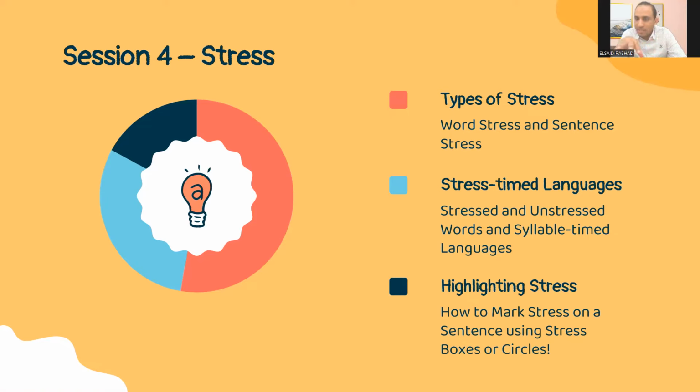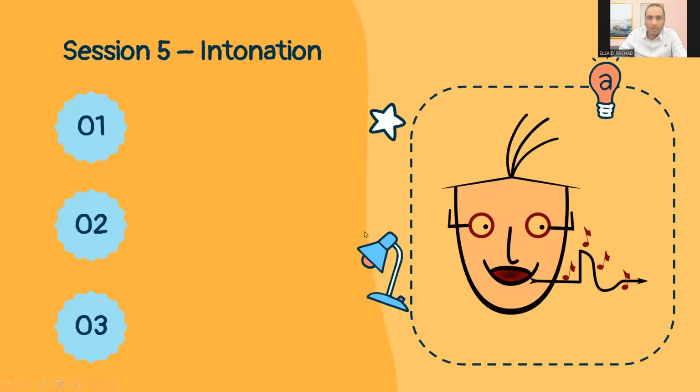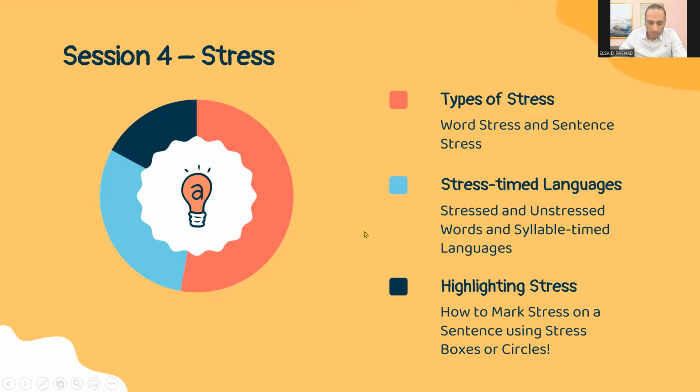If you have a sentence, how to mark the sentence stress, the words that are stressed. If you teach vocabulary, how to mark stress on a word, which syllable is stressed. So we're going to learn how to draw stress boxes or stress circles. All right, any questions about stress?